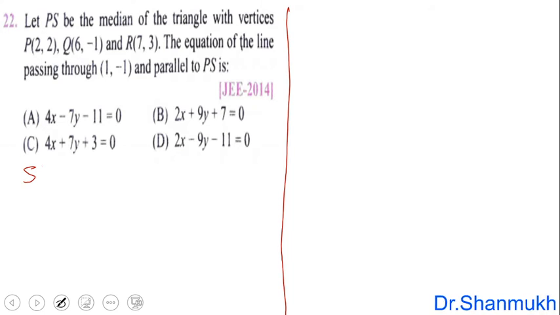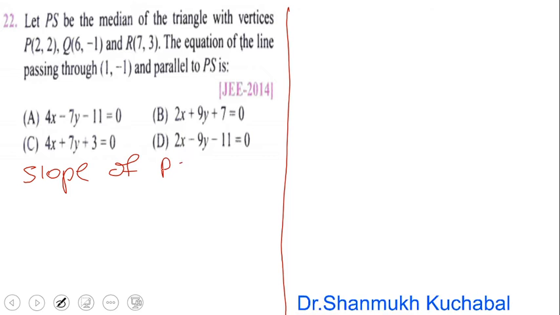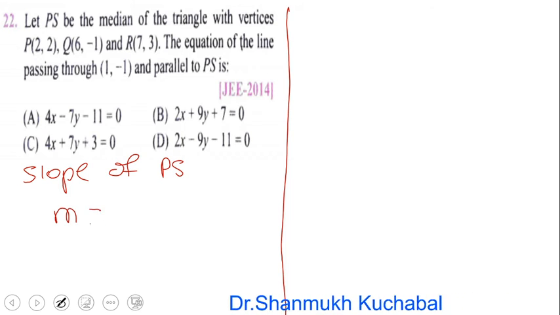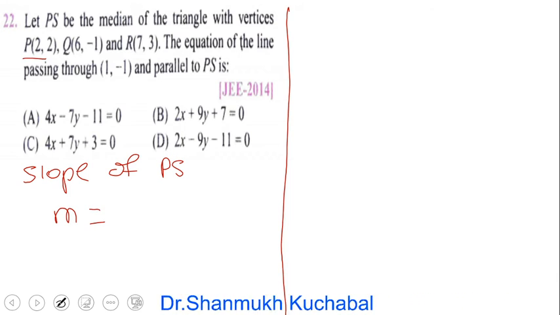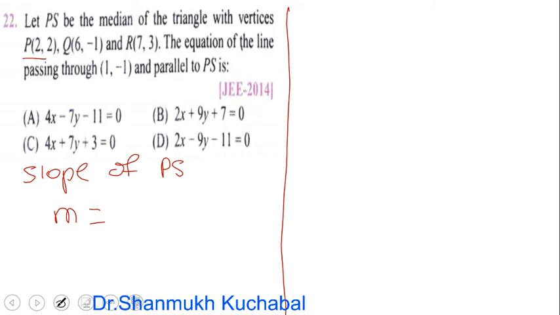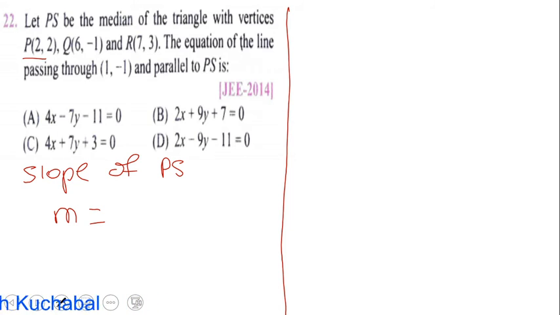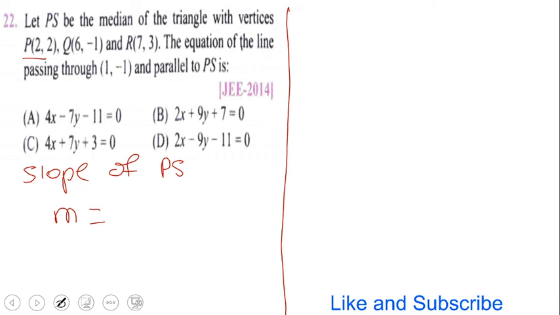So now we will calculate the slope of PS. We take the slope as m. So P is this coordinate and we have S. P and S are parallel. So use the slope formula m equals y2 minus y1 divided by x2 minus x1.